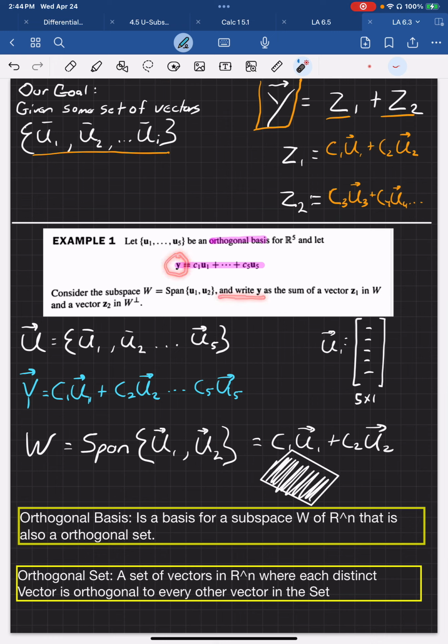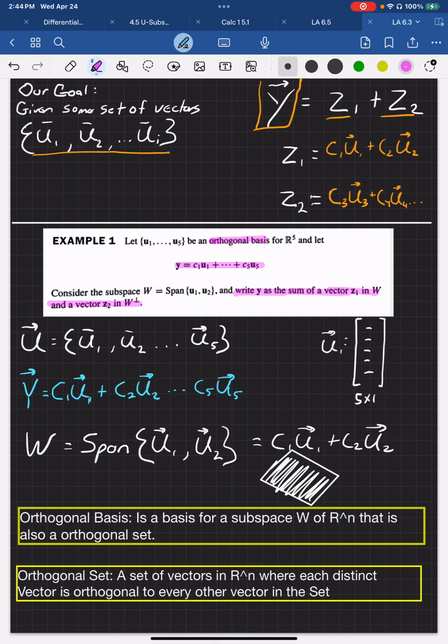y as the sum of some vector z1 that's in W and some vector z2 that is perpendicular, orthogonal to W. So one more time, we need to rewrite y.